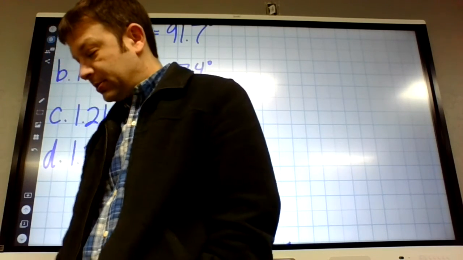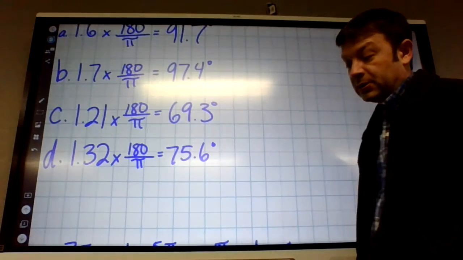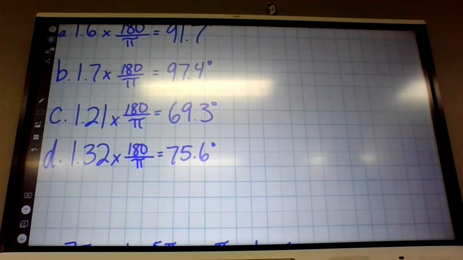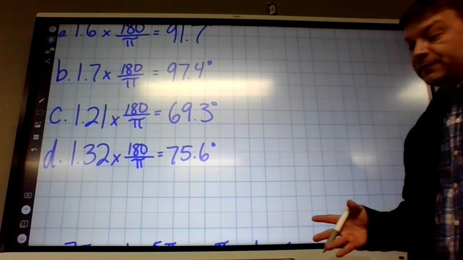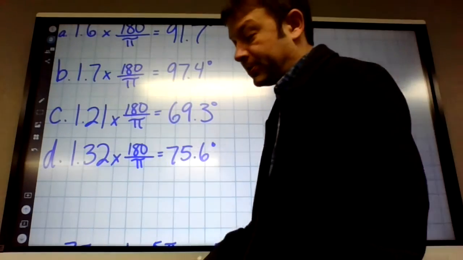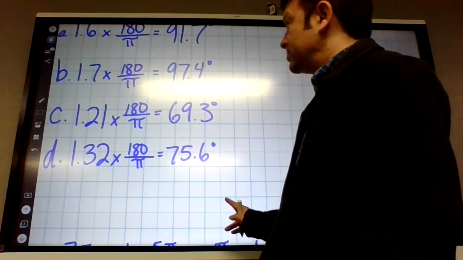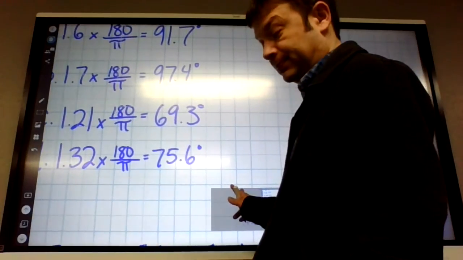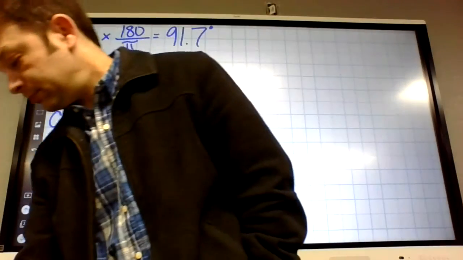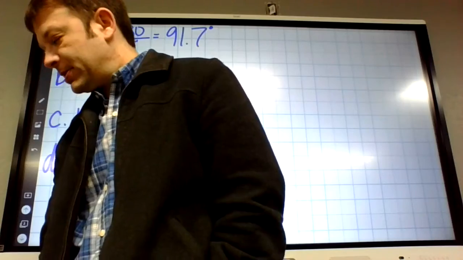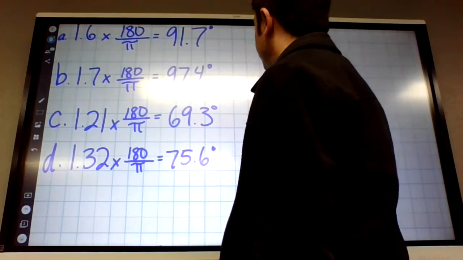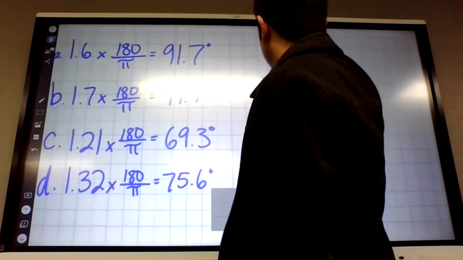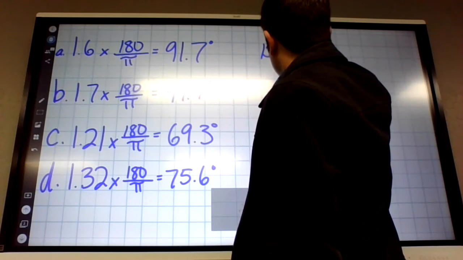So 45 is like splitting 90 directly in half. So yeah, that's about 30. So what's 30 degrees in radians? Pi over 6. They just put 0.5. I guess we'll do that.